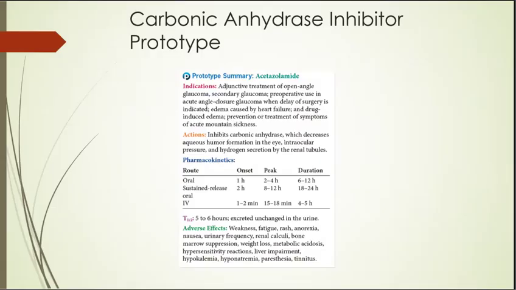Key adverse effect is metabolic acidosis from bicarb loss. Monitor electrolytes like sodium and potassium. Check your kidney functions like the BUN and creatinine. Where can you find the BUN and creatinine? In your CMP or BMP. Check your patient's hydration status and fluid and electrolytes, acid-base.